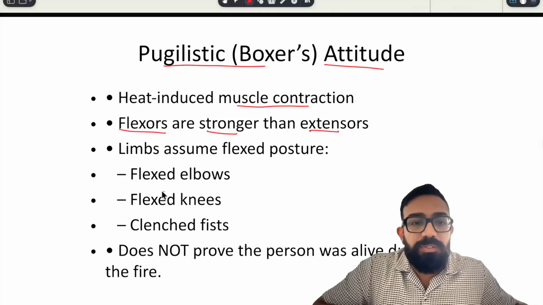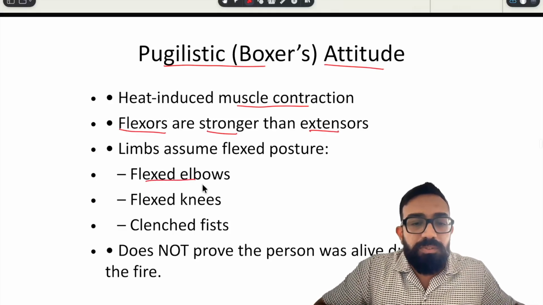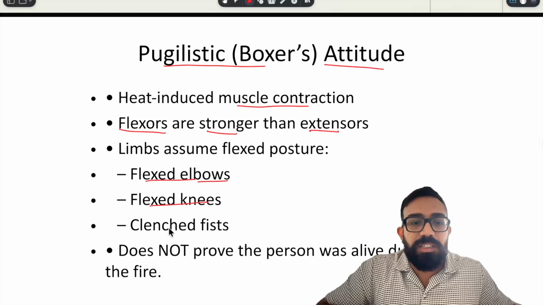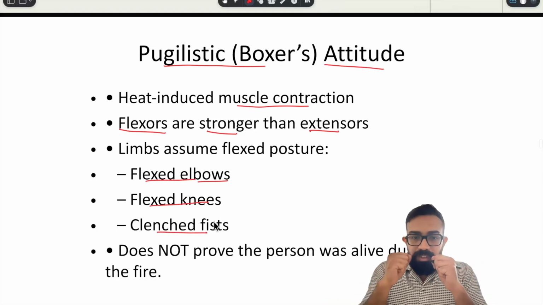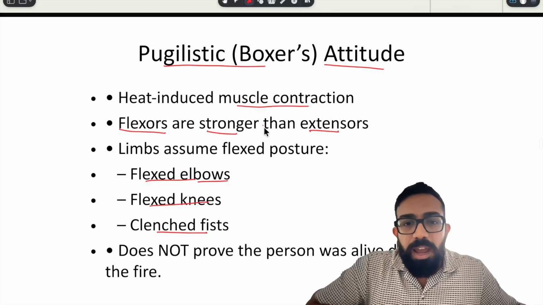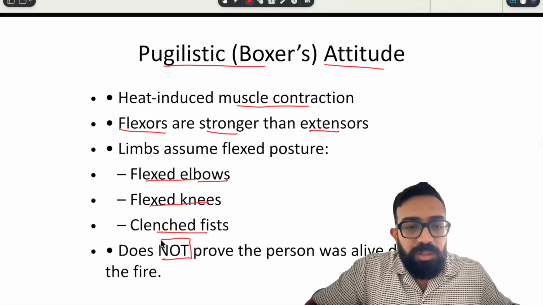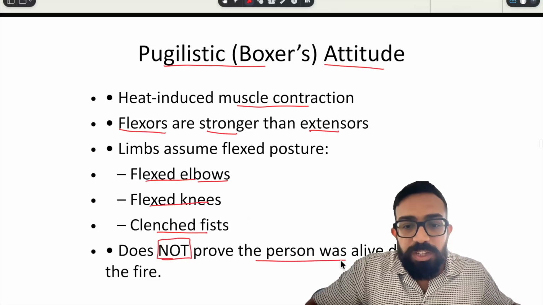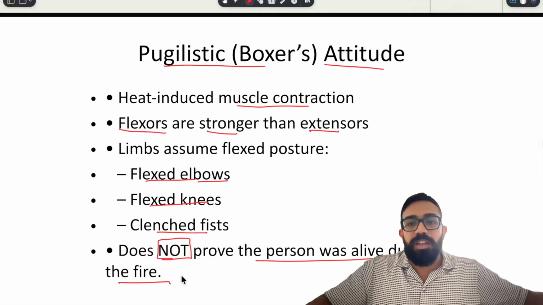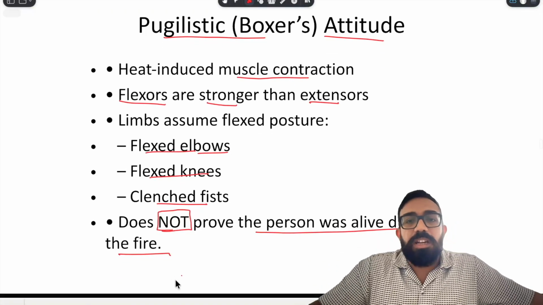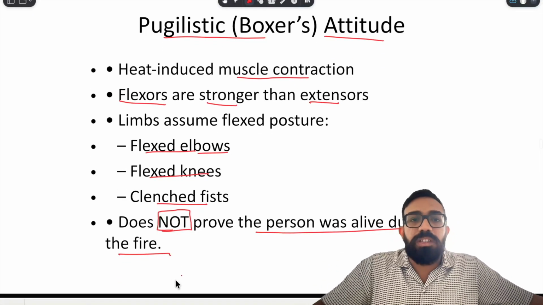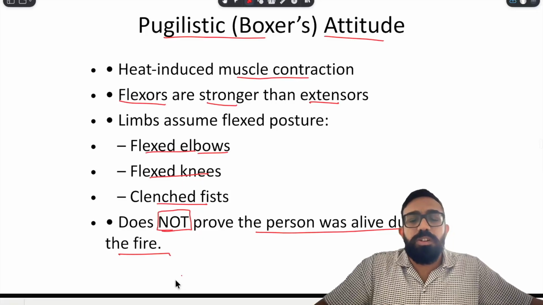And because of that flexion attitude, there are flexed elbows, flexed knees, and clenched fists. All of this gives a boxer's attitude. And remember, this is very, very important: this does not prove that the person was alive during the fire. Always remember that this pugilistic attitude is just heat-induced muscle contraction.